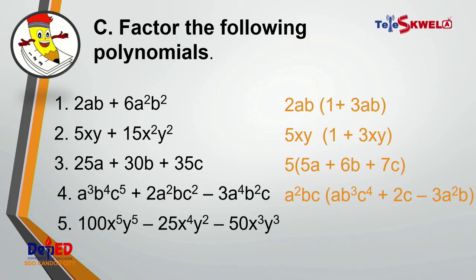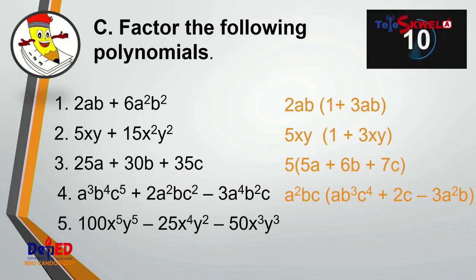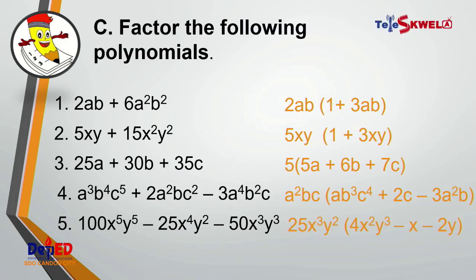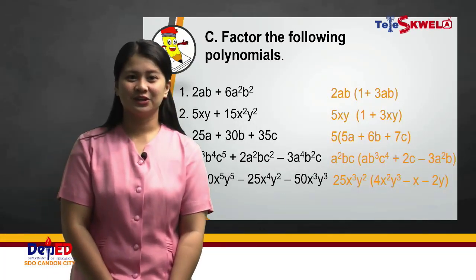Number 5, 100x raised to 5 y raised to 5 minus 25x raised to 4 y squared minus 50x cubed y cubed. Time is up. The correct answer is 25x cubed y squared times the quantity 4x squared y cubed minus x minus 2y. How many items did you answer correctly?